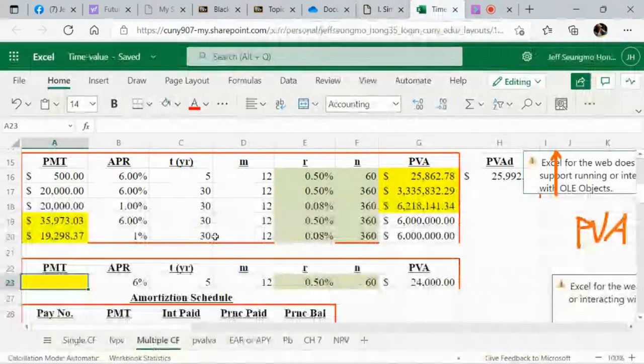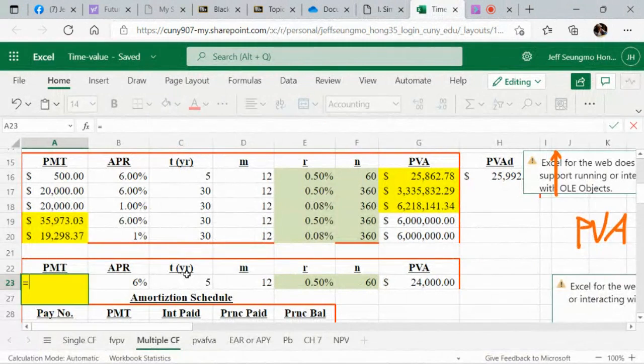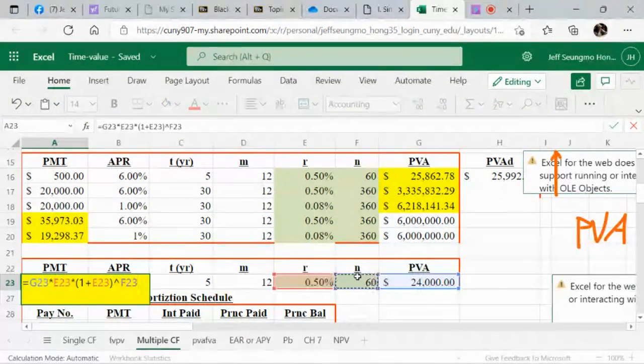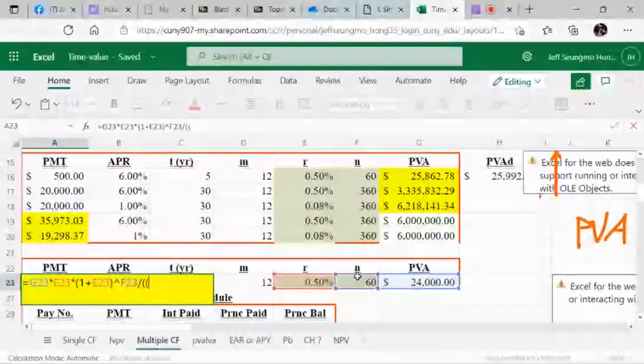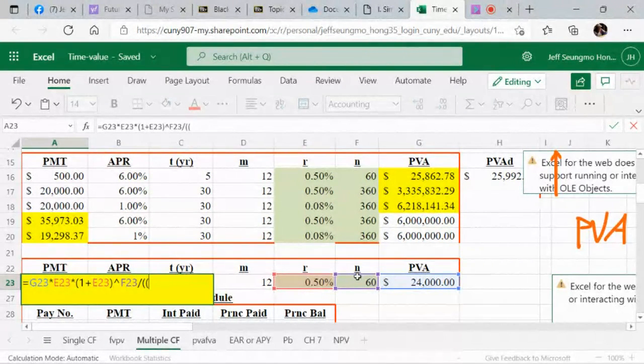So I'll simply build that formula in there. It's PVA times R times (1 plus R) raised to N, divided by ((1 plus R) raised to N minus 1).